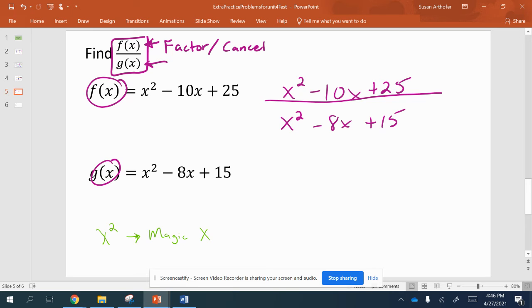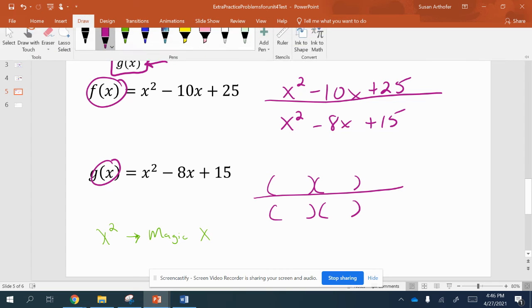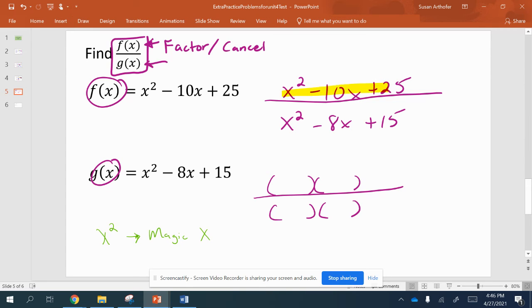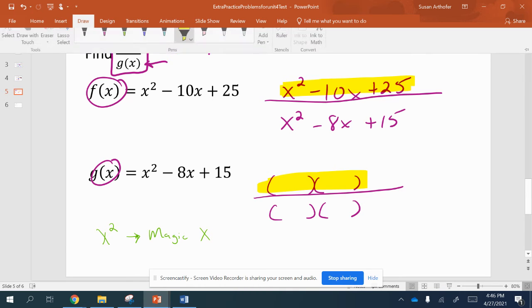So let's draw a bar. And let's put our parentheses in for the top and the bottom. And then we're going to factor them one at a time. So let's get started by factoring the top, and we'll put our answer right there, okay?